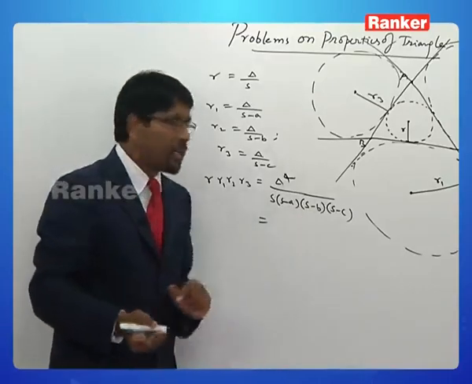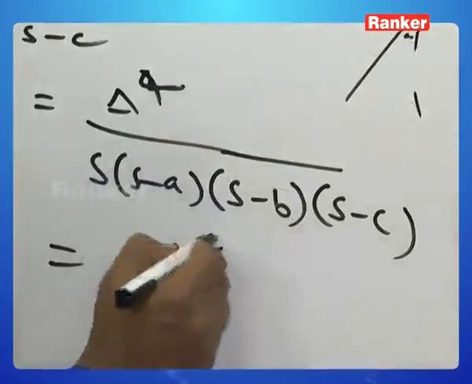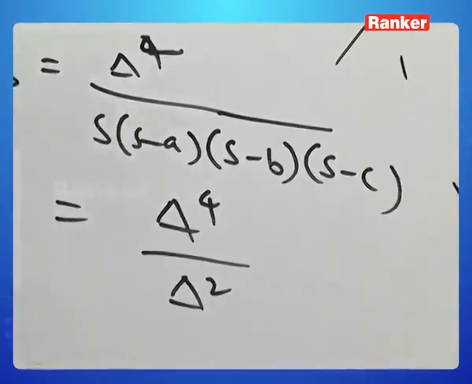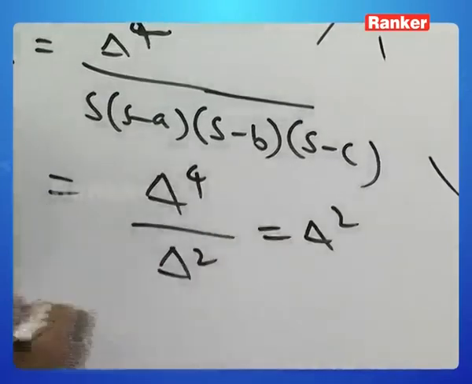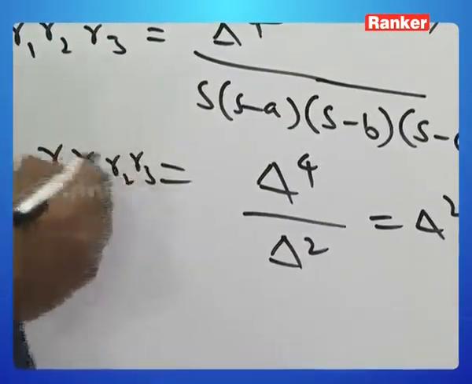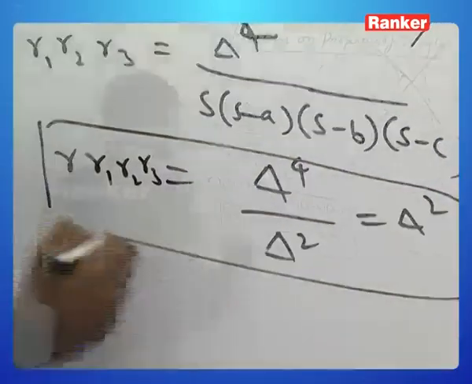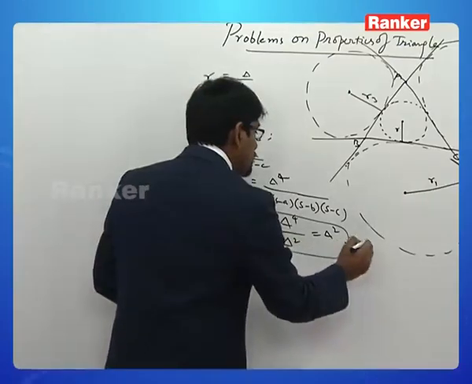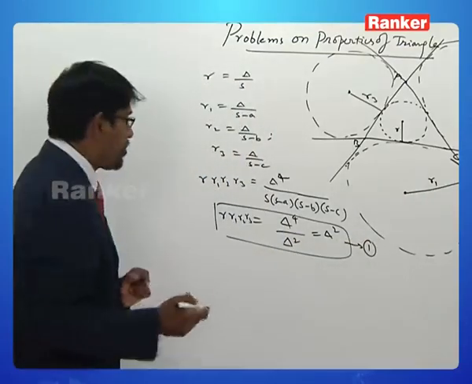The denominator is delta square. So it becomes delta power 4 by delta square, which will be equal to delta square. This is one of the important observations on R, R1, R2, R3. Let's keep this in mind.